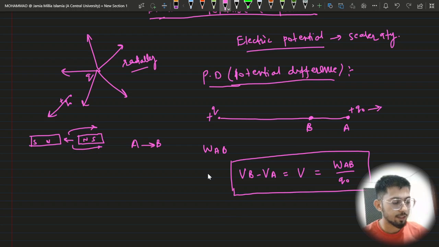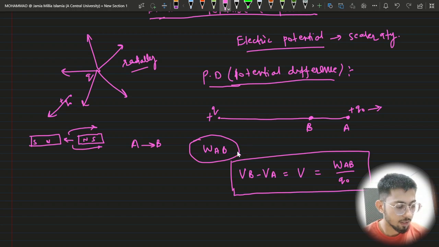Let us recall this. There is charge q, and in the vicinity of this charge, there are 2 points A and B. We want to move this test charge from A to B. So this will repel this, right? We need to do some work, and that work is WAB.